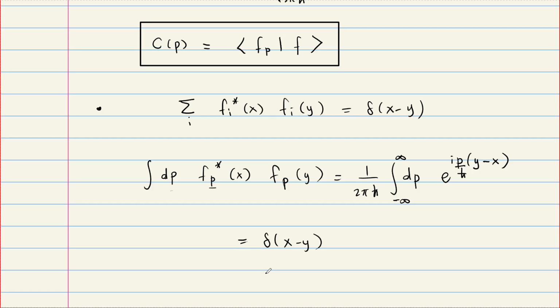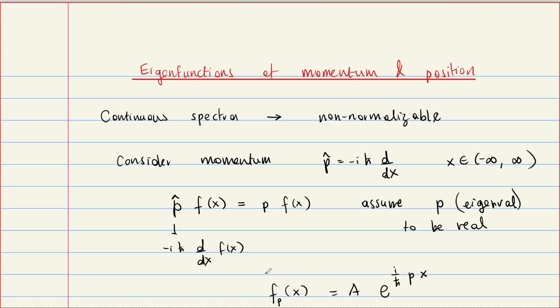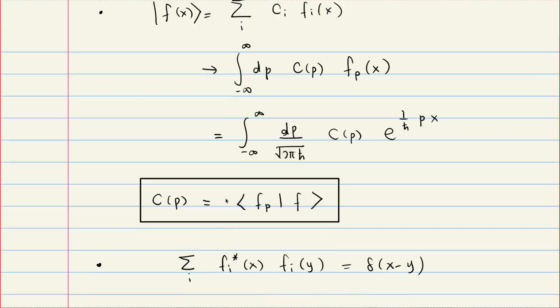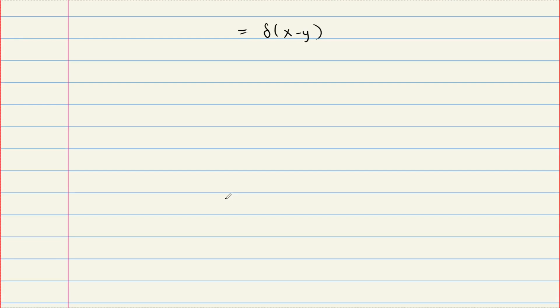Now let's try to think about, so this was for the momentum operator, right? Let's try to think about the position operator and see if we can come up with something like this. Consider the position operator.